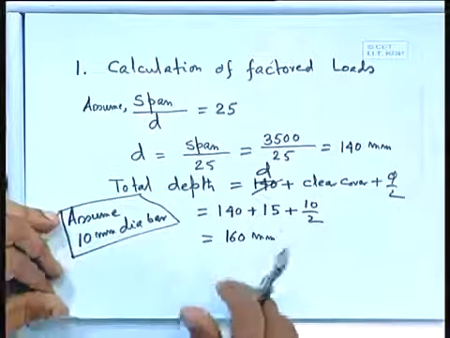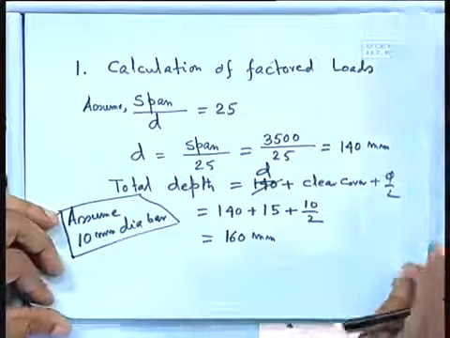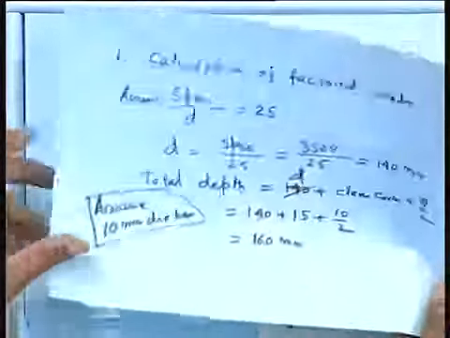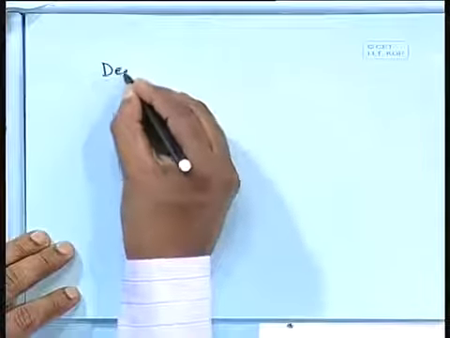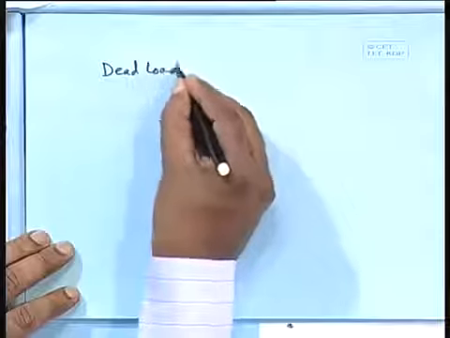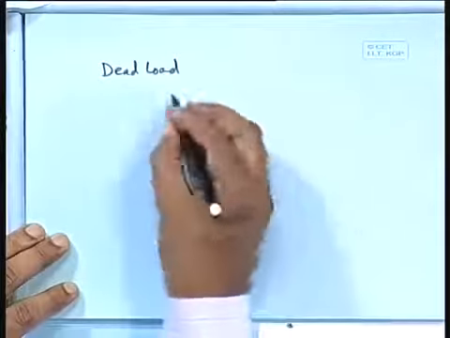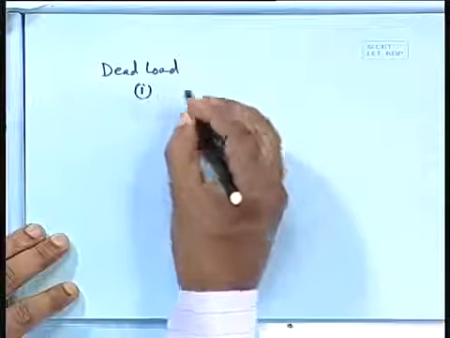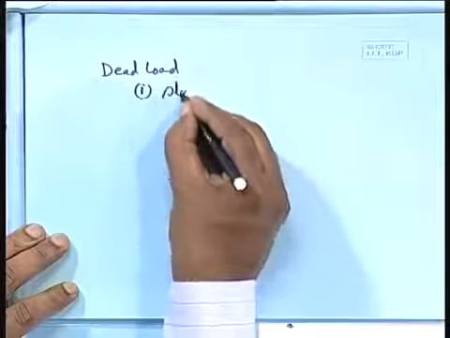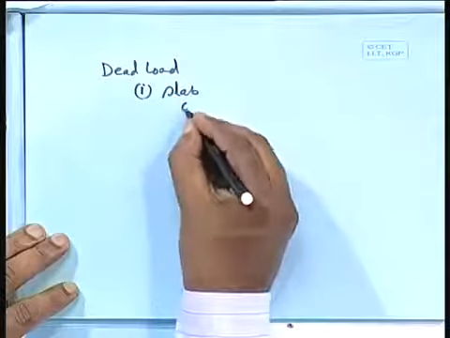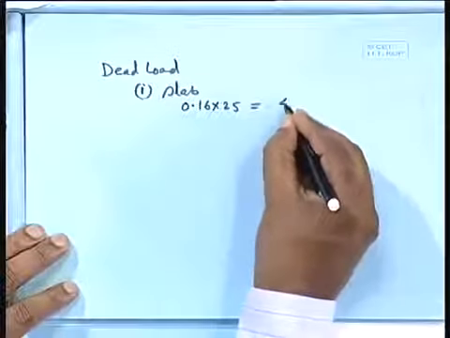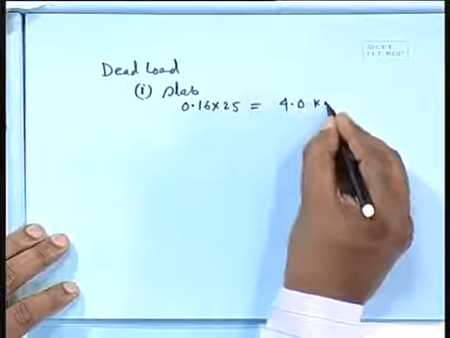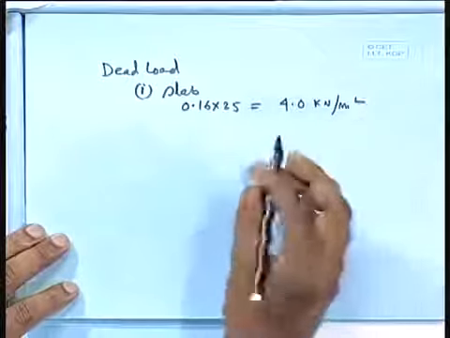Now, we can calculate the dead load. Dead load: slab, 0.16 times 25, 4 kilonewton per square meter.